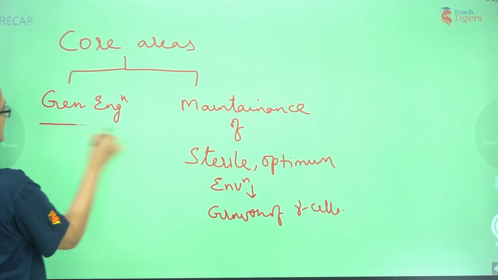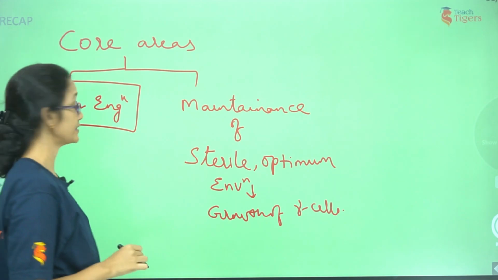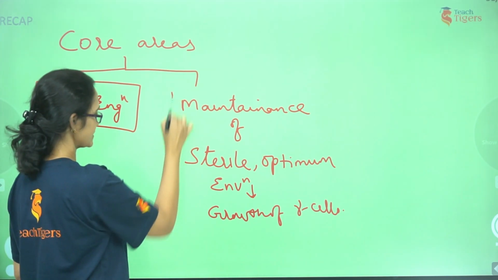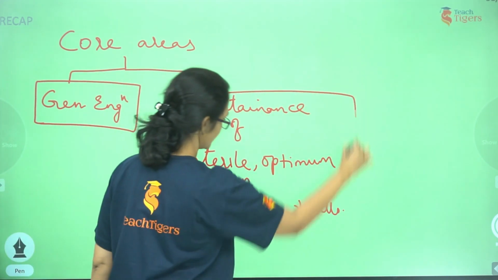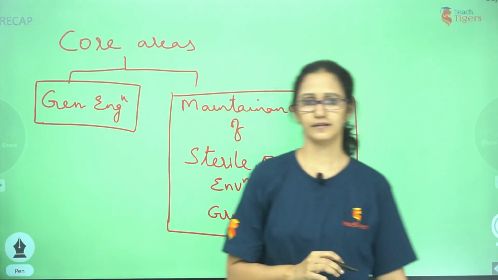So one part is essentially involved with designing of the recombinant DNA, and the second part is essentially involved with the large scale production of the given cell, right?